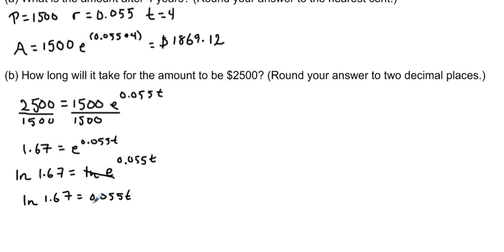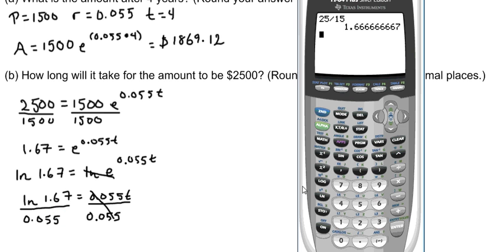0.055t. And next, what we'll do is divide both sides by 0.055. And these will cancel out, of course. Let's type this into the calculator and see what we get.